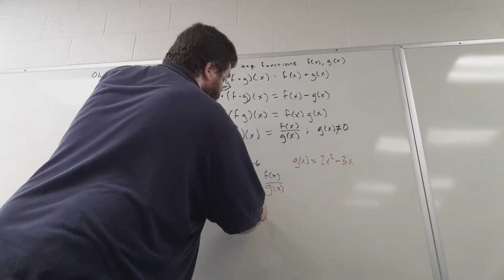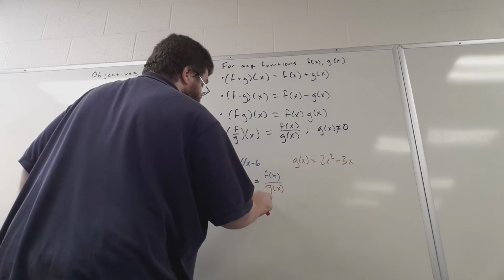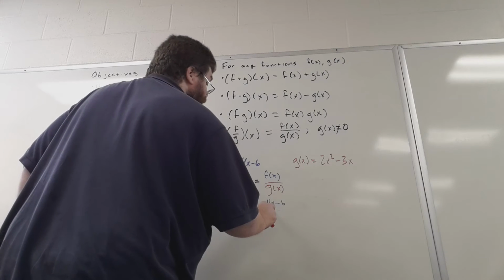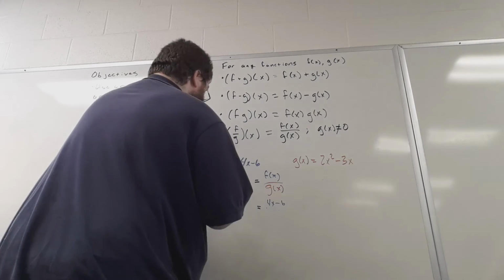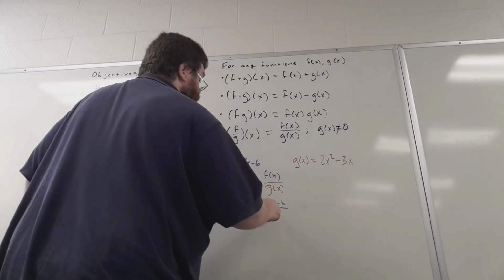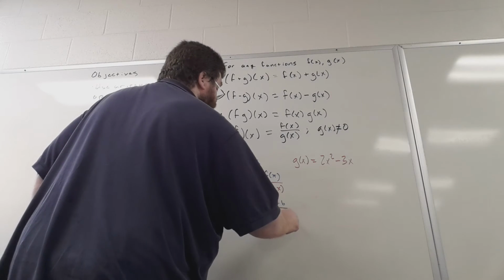Okay, do our substitutions in. 4x minus 6 over 2x squared minus 3x.